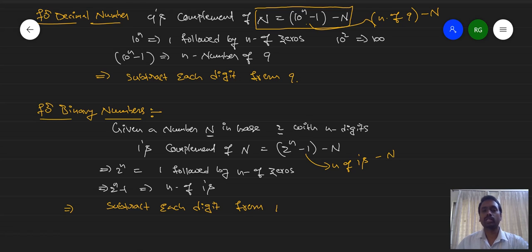Either you can find the r minus 1's complement of a given binary number by using the formula, that is 2 power n minus 1 minus N, or you can find it by the shortcut, subtracting each digit from 1. So let us see some examples to find the 9's complement of a decimal number and the 1's complement of a binary number, by using the formula and by using the shortcut.